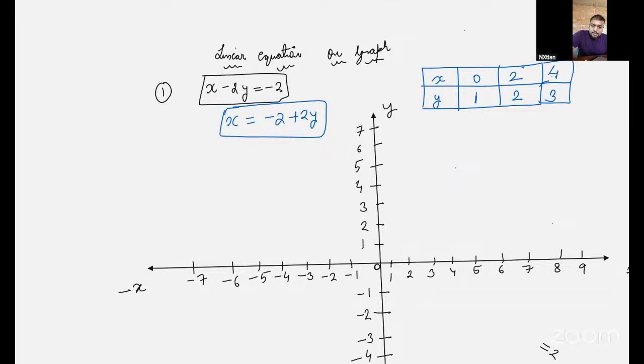Correct. Now, Agatha, mark the second one, 2, 2. David, where is yours? I marked it. No, it's wrong, David. You see, the x is 0 and y is 1.